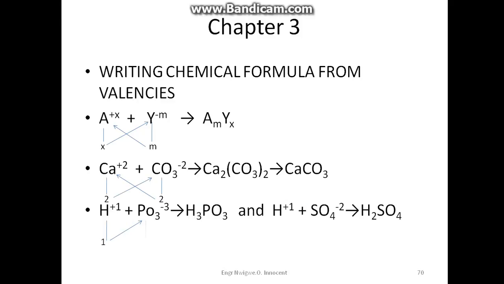And now let us consider hydrogen having one positive valency combining with sulfur tetraoxide having two negative valency. The positive valency of hydrogen will move to the tetraoxosulfate, while the two negative valency will come to hydrogen to give us H2SO4 as the chemical formula.